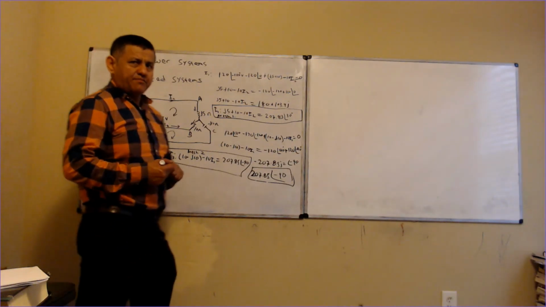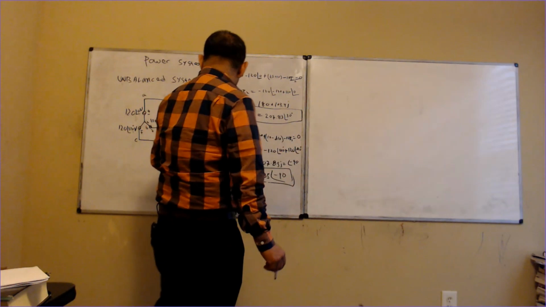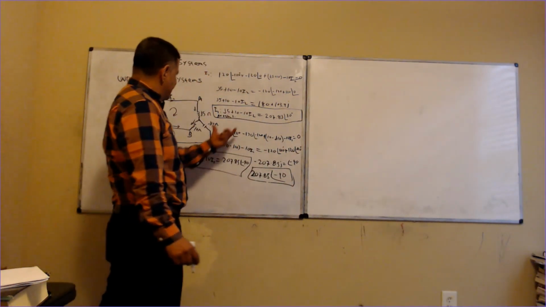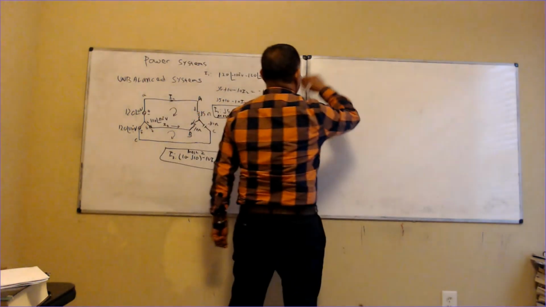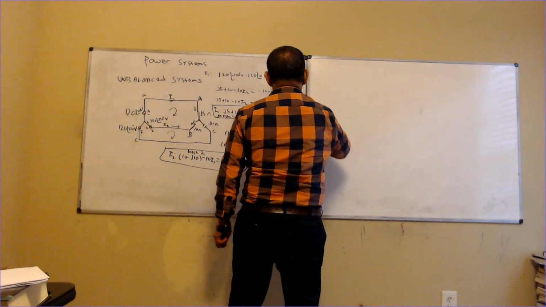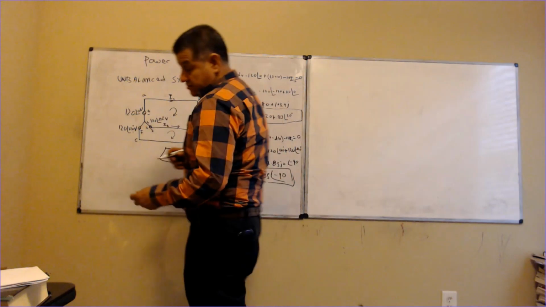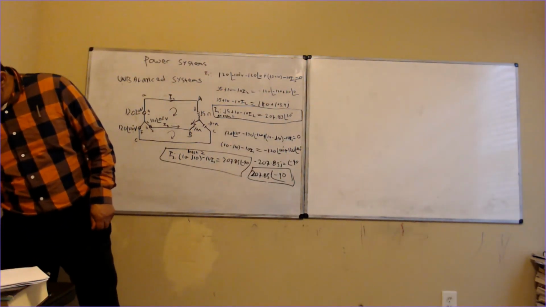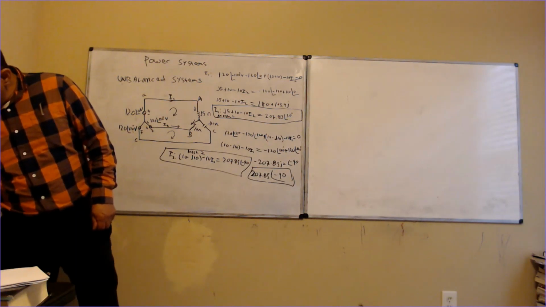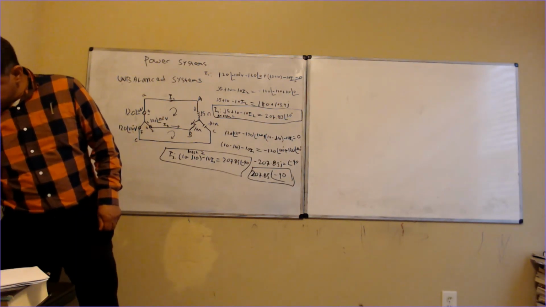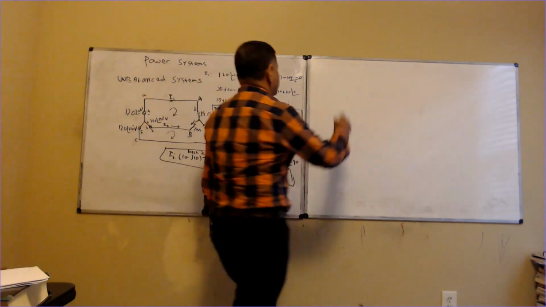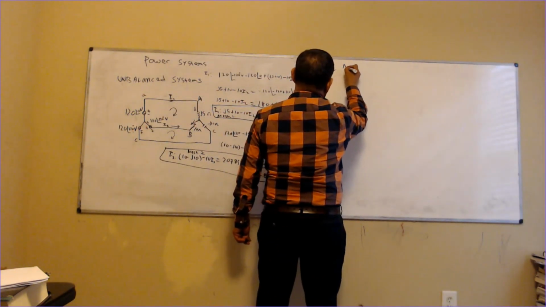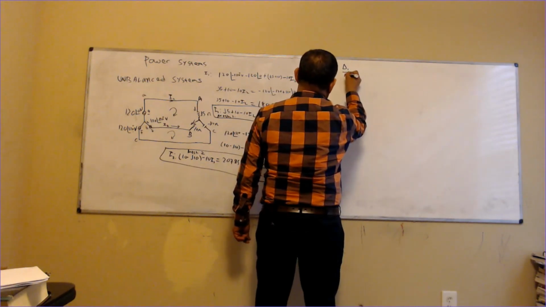The matrices method. So we have this and we have this. So Cramer's rule tells us that I1, for example, is going to be equal to delta 1 over delta.